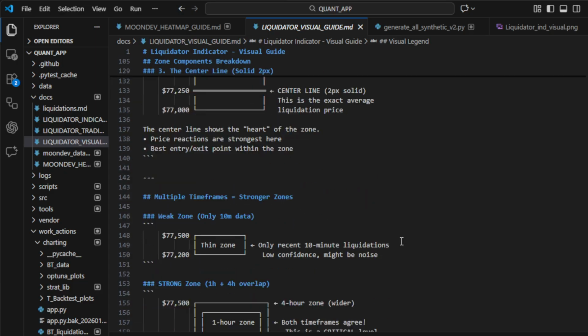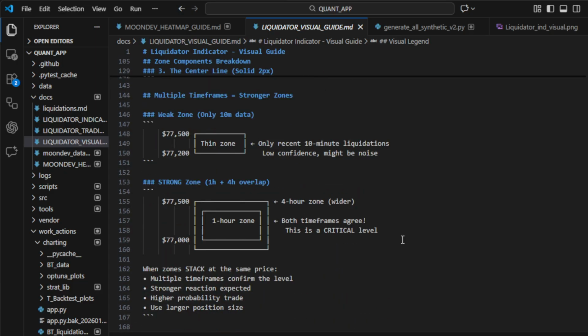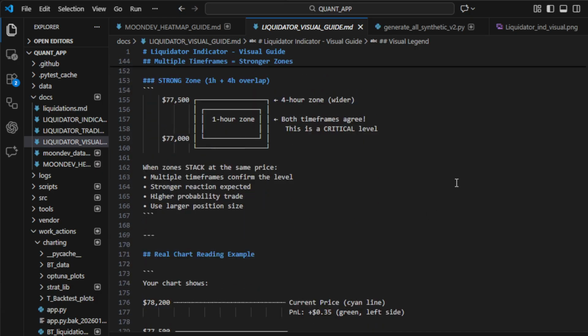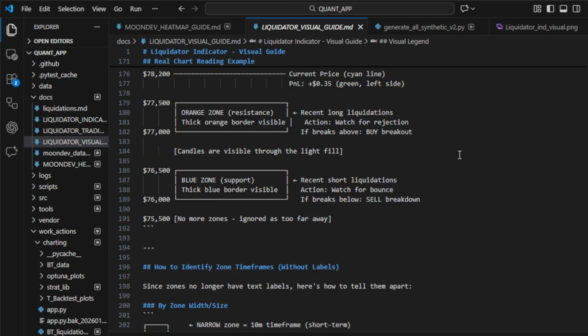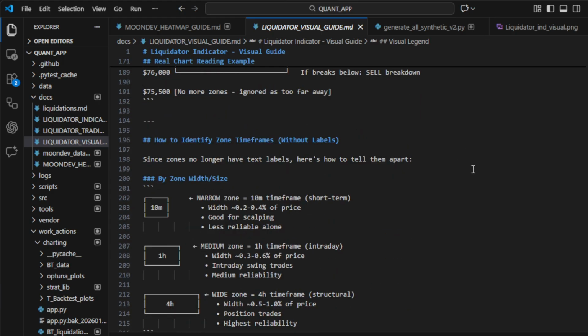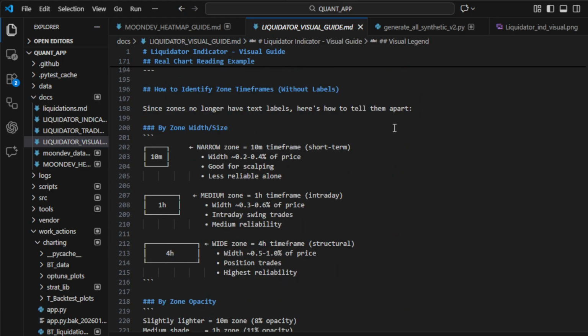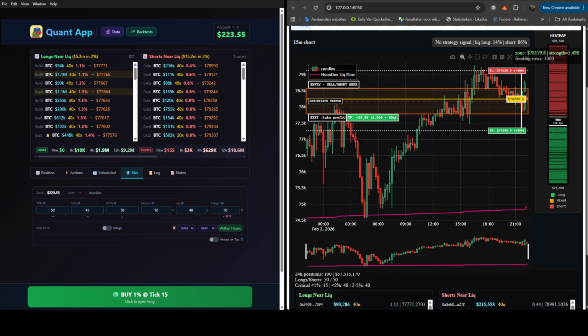Center line. So it's all pretty nicely explained, so you can really read and follow what you should be doing with the indicator, how to identify zones and time frames. They're actually all in one, as you can see on the screen here.